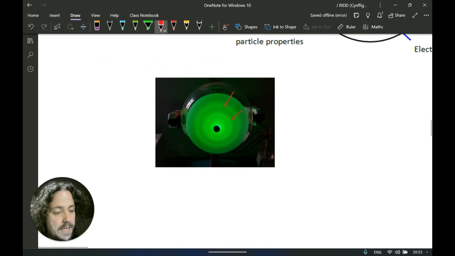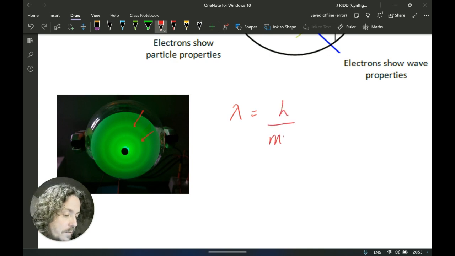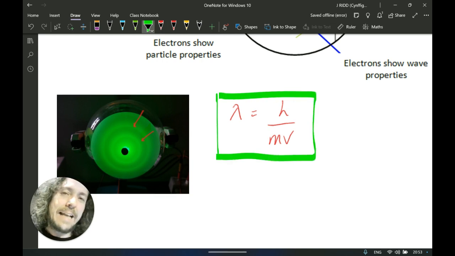Now there is a formula to go with this as well, the de Broglie equation, and that is that the wavelength is equal to Planck's constant divided by mv. It's a remarkable equation in and of itself. It doesn't look like much, but it's telling you something.